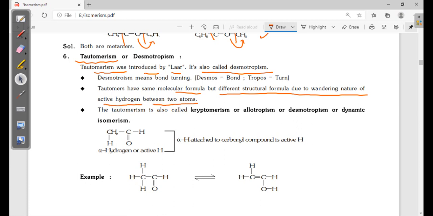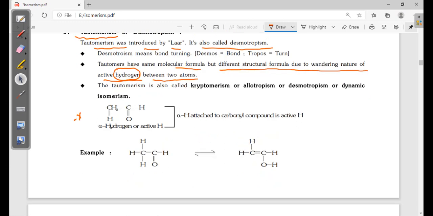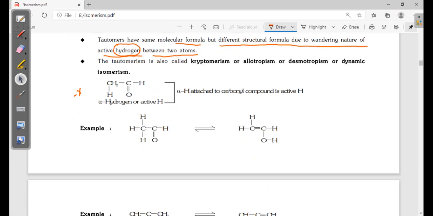What is the main difference here? The nature of hydrogen. This hydrogen is shifting or migrating from one place to another, generally from the alpha position. Tautomerism is also called cryptomerism, allotropism, desmotropism, dynamic isomerism. These many names are there.